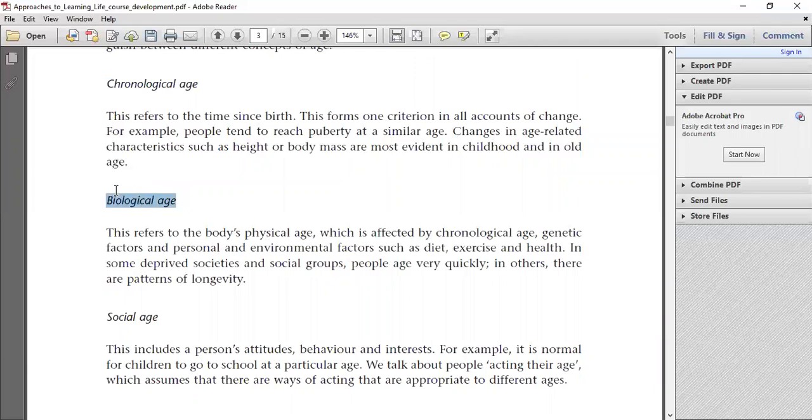Then biological age, right? So that is your body, your physical age, which is affected by your genetic factors as well as personal environment factors such as diet, exercise, health. For example, I can give you a few examples.